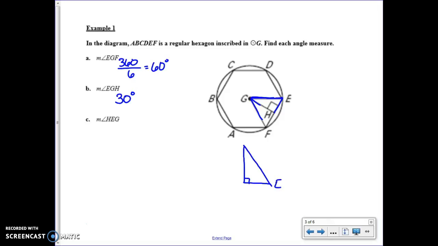So here's E, here's G, and here's H. I just said this is 30. Then we have the 90-degree right angle. So think about your triangles, they have to add up to 180. That means HEG would have to be 60 degrees. That angle E right here in the corner has to be 60.